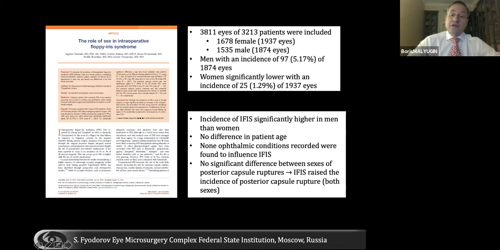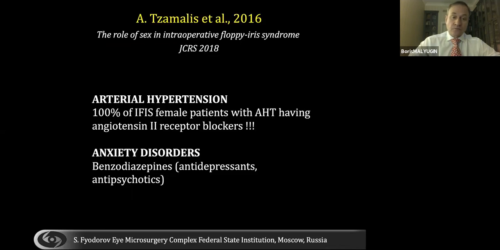The prevalence of that syndrome in men is almost five times bigger than in women. Why is that? Because there are some other medications involved, the ones used for arterial hypertension, which are angiotensin II type receptor blockers, and also some medications used for anxiety disorders.